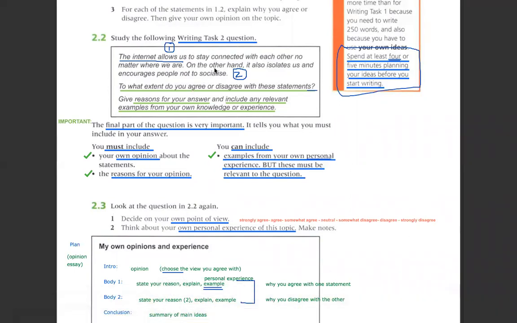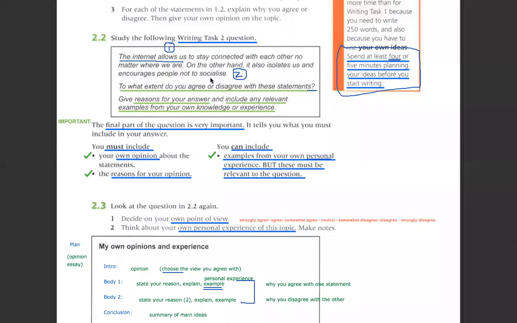Okay, so now we look at the second statement so we can discuss our reason for this. Yeah, you can use I in your example, that's fine. It's a personal experience, so you can use I. That's perfect. So let's look at the second one. A lot of you may disagree or somewhat disagree with the second statement.